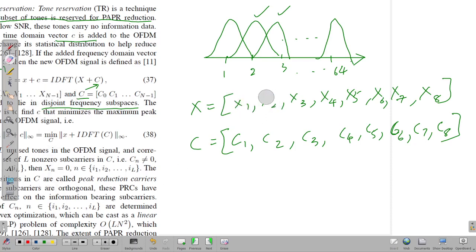Suppose I reserve the tones x2, x4, x6, and x8 for PAPR reduction. We cannot use these tones for carrying the data.